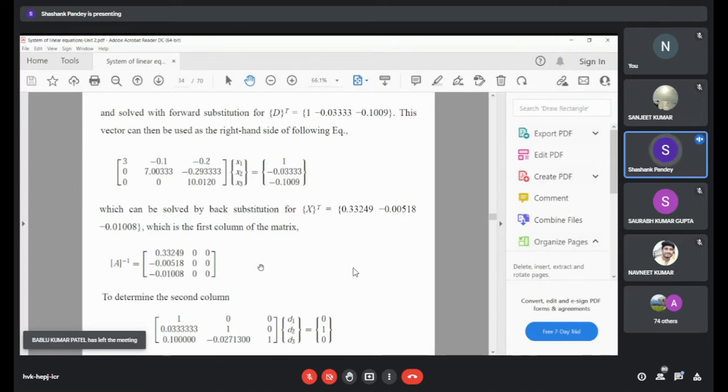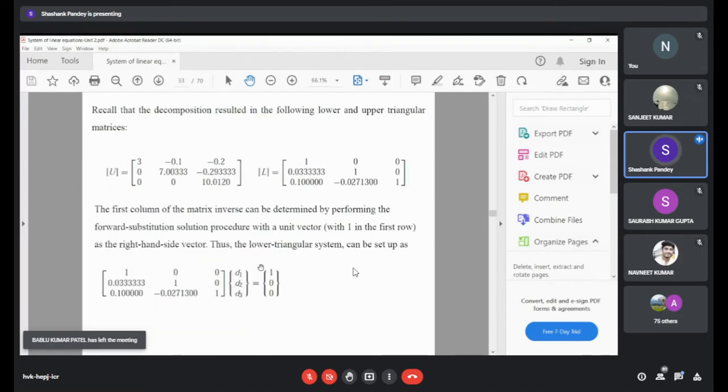In a similar manner, what we did was write the matrix containing the factors in lower triangular form.